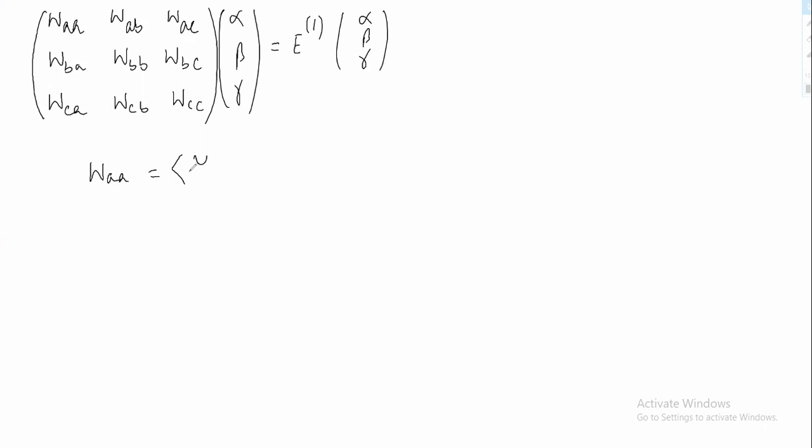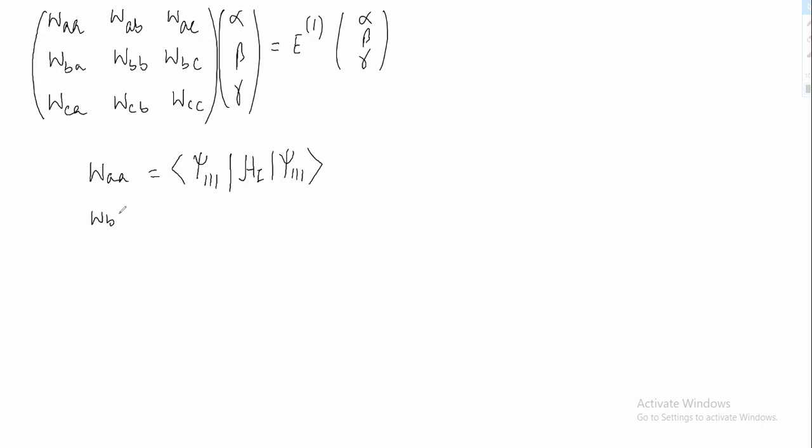Psi naught A. Psi naught, unperturbed. Mind it, it should be unperturbed. That means this will be psi 1 1, because this is unperturbed, then H'.